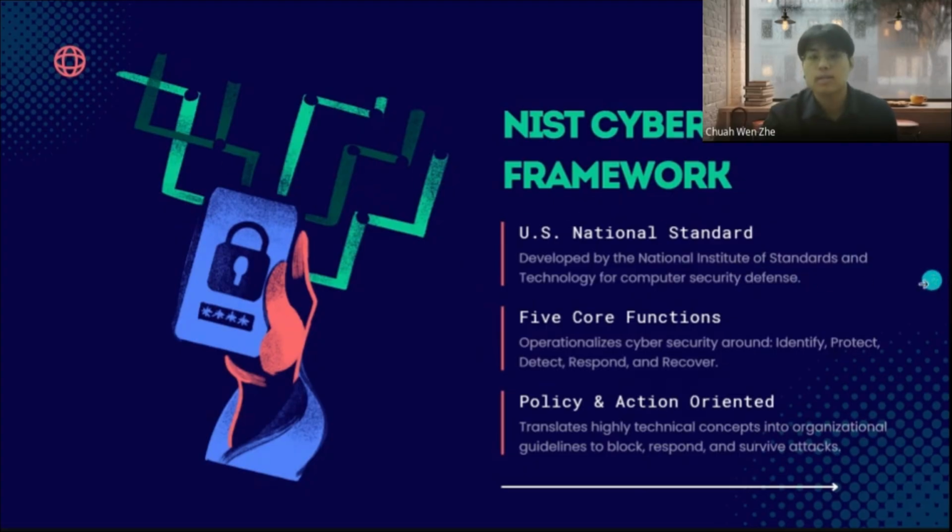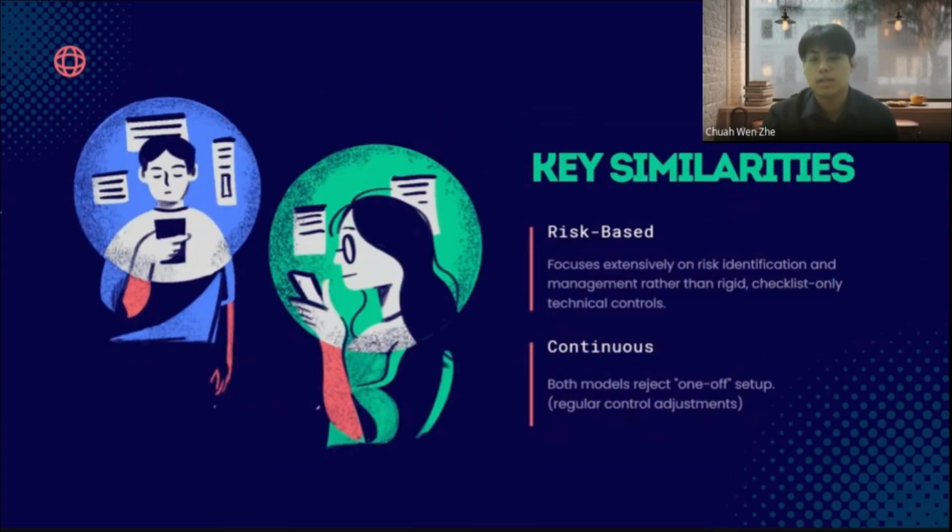So the next one is the key similarities. There are four similarities. First one is risk-based, which focuses intentionally on risk identification and management rather than a rigid checklist of only technical controls. Second one is continuous, which is not a one-off setup, but regular control and judgment.